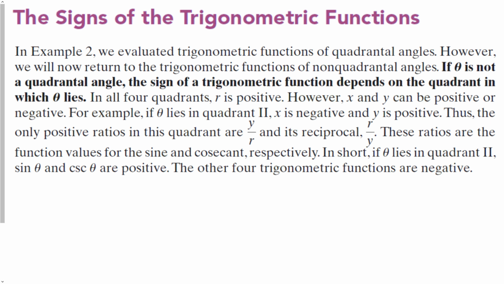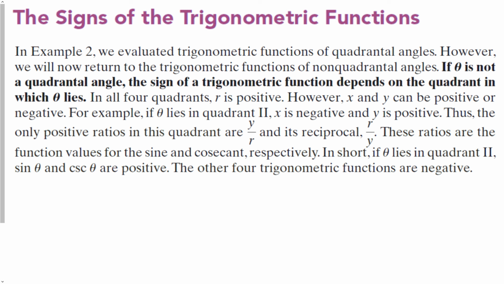Okay, let's talk a little bit about the signs of trig functions. So we just evaluated trigonometric functions of quadrantal angles. Let's go back to non-quadrantal angles, everything else. So if theta is not a quadrantal angle, the sign of the trig function depends on the quadrant in which theta lies.